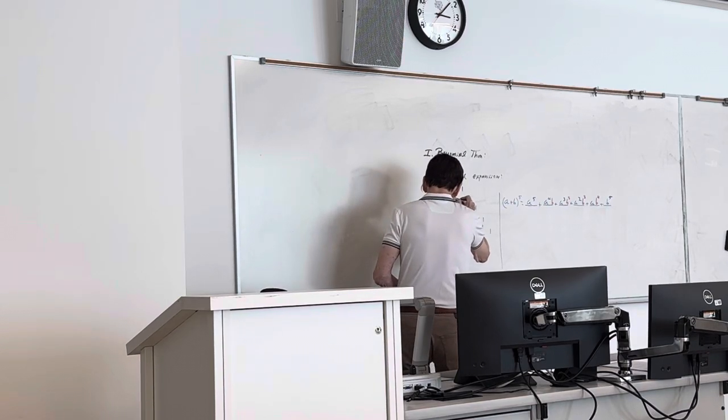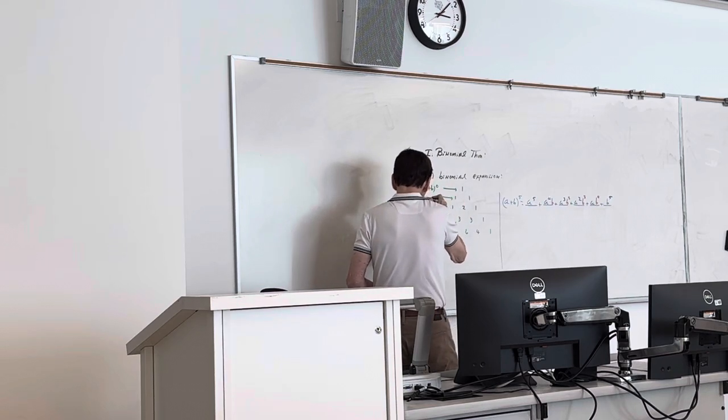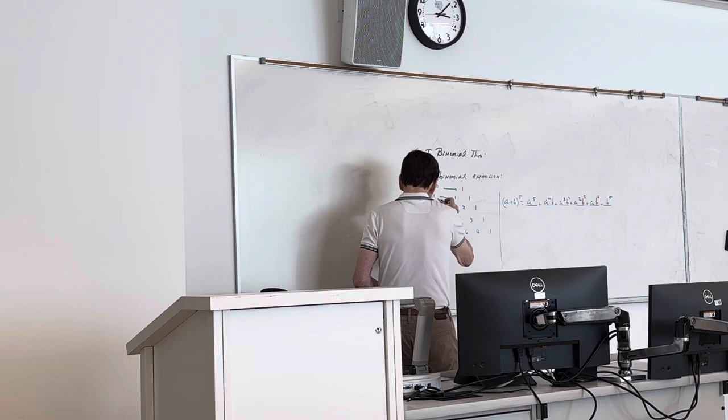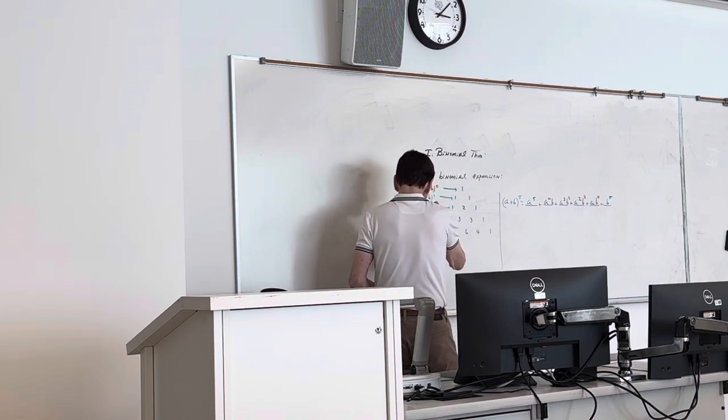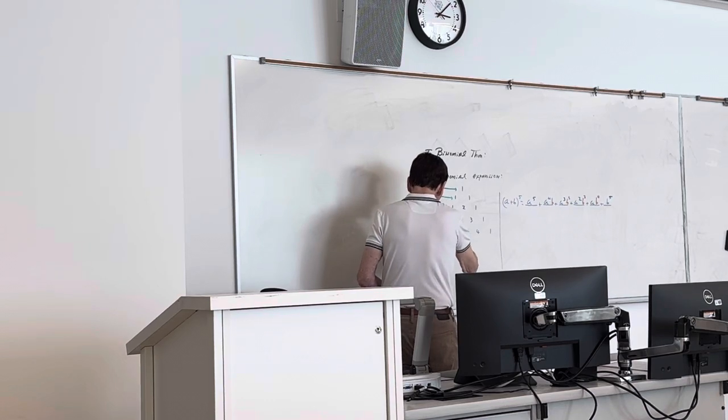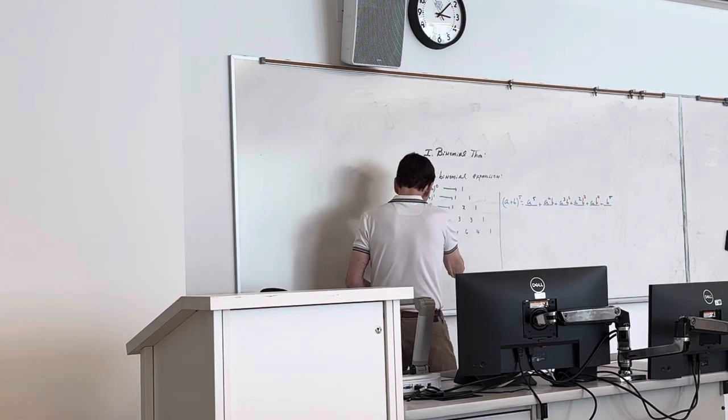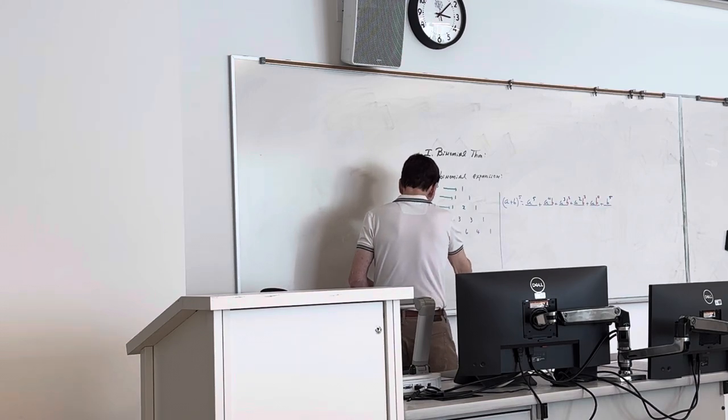The second row here is a plus b raised to the first. This set of coefficients were a plus b squared. And this set of coefficients, a plus b cubed. And here I got a plus b raised to the 4th.